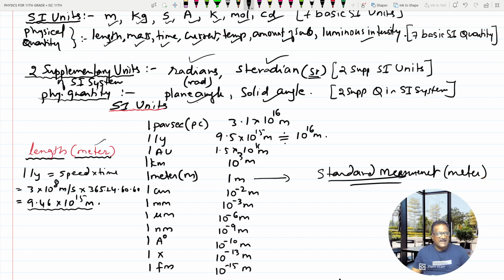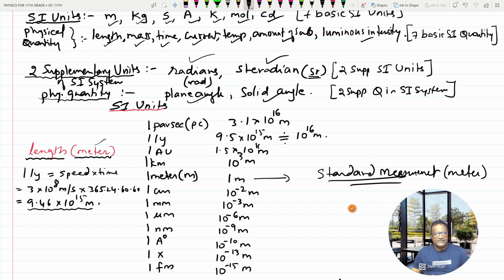Now, there are certain lengths which are much bigger than the meter, and there are certain lengths which are much smaller than the meter. So the units of measurement can be bigger than the meter, and there can be units which are smaller than the meter.